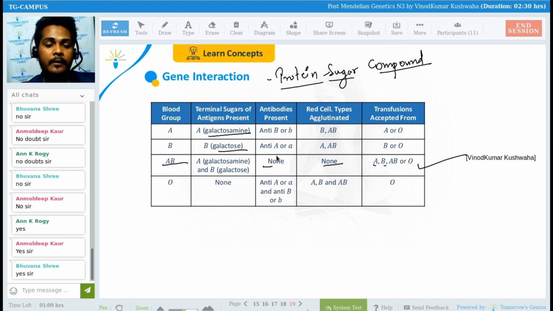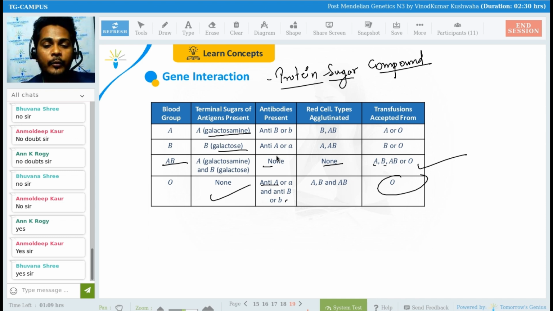In case of O, there is no carbohydrate or sugar compound on the plasma membrane, the outer membrane, and that's why it is written as none. Antibody alpha and beta are present here. Only O can transfuse to O. Clear?